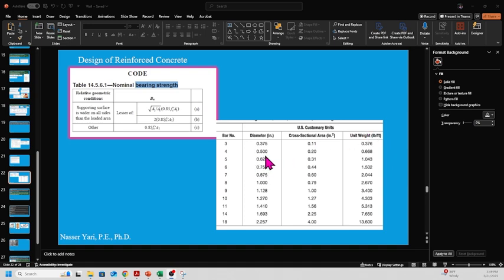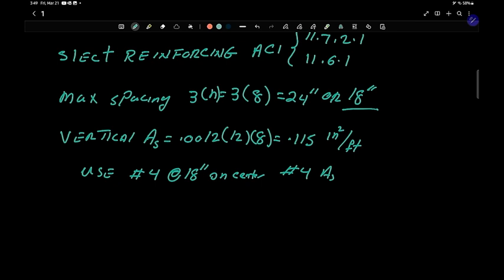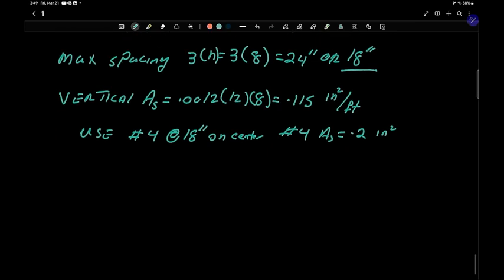Number 4 is 0.2 inch square. However, we're going to do it at 18 inch on center, to make sure we're not going to be less than that number. So 0.2 times 12 divided by 18 inch spacing, and that gives me 0.133, which is bigger than 0.115. We're okay, so we're going to use that.